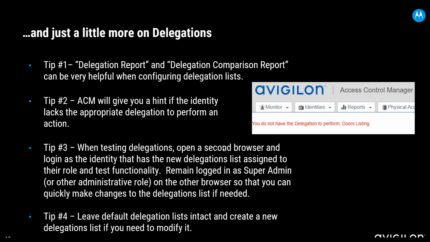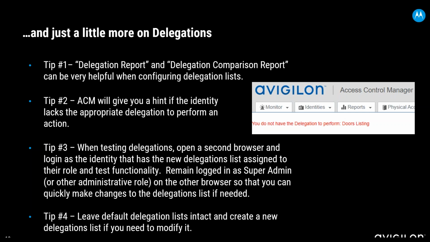So let's go to tip number 3. This is something I like to do when I'm testing delegations, especially looking at tip number 2, when you start testing your identity with this new delegation list, there's probably going to be some troubleshooting involved. So I like to open up 2 browsers.